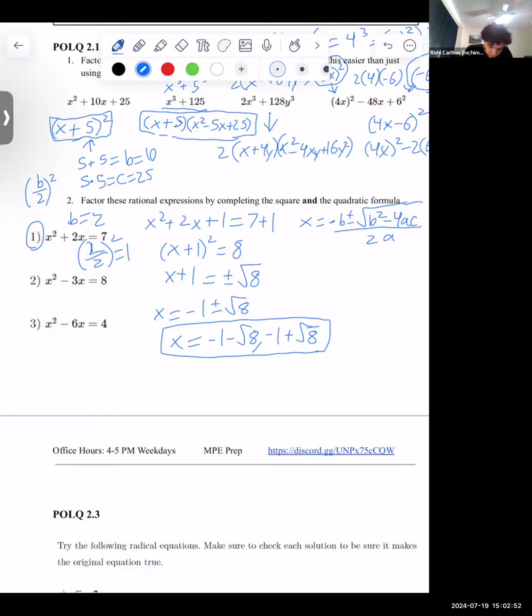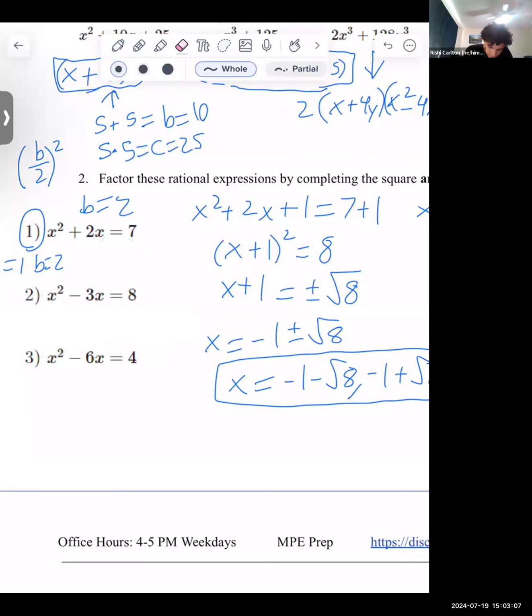As a reminder, we have a equals 1, b equals 2, and our c in this case will equal -7. Sorry, I'm getting kind of cramped here, so I'll move that to the side in case anyone's still writing it down.